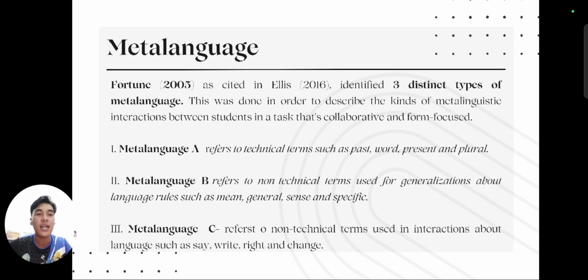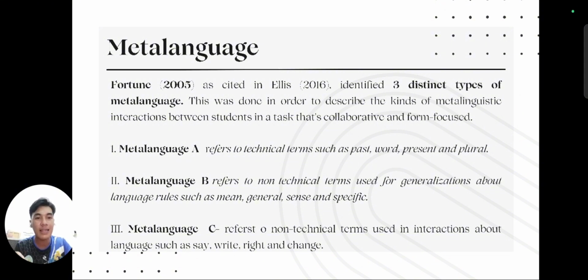This was done in order to describe the kinds of metalinguistic interactions between students in a task that is collaborative and form focused. First is metalanguage A. What is metalanguage A? This refers to technical terms such as past, word, present, and plural, so the basic structure of grammar.